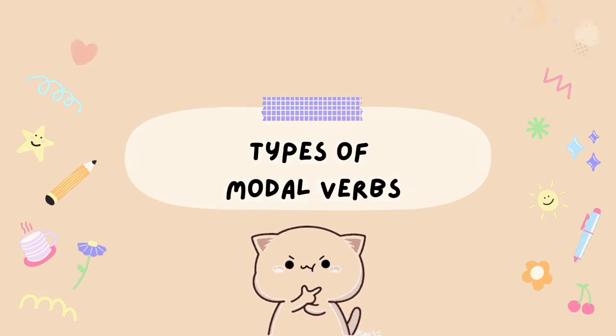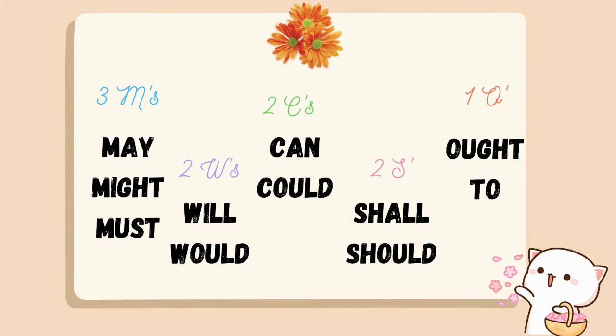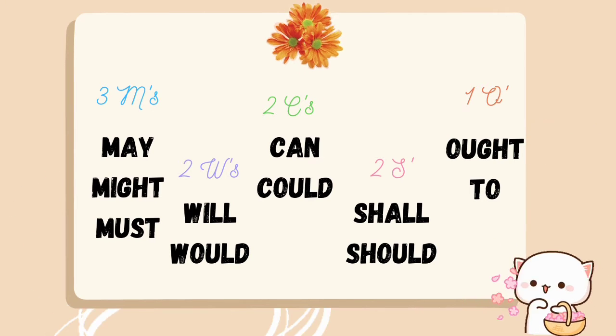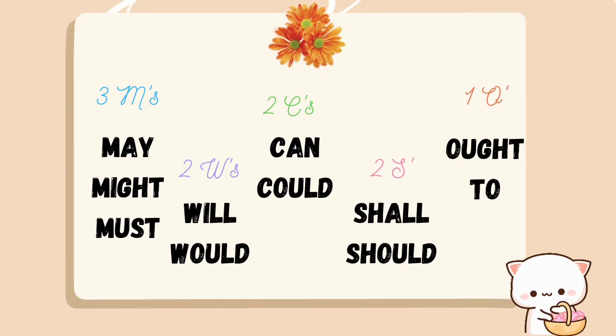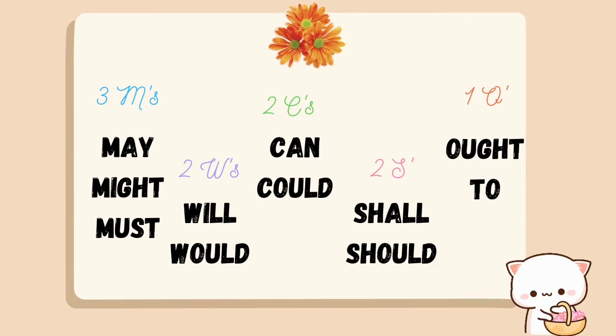Types of modal verbs. For us to easily remember the types of modal verbs, we have 3 M's: may, might, and must; 2 W's: will and would; 2 C's: can and could; 2 S's: shall and should; and the last one is ought to.